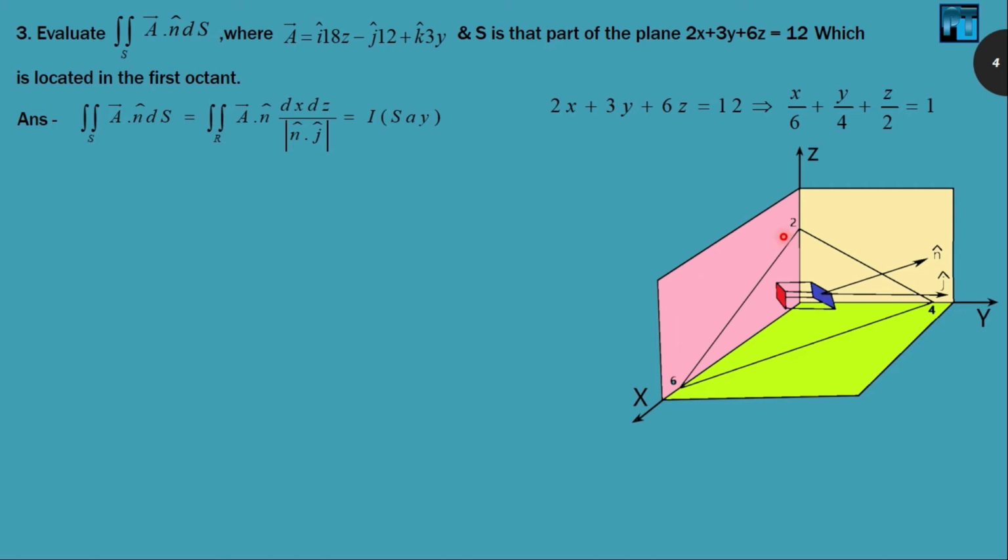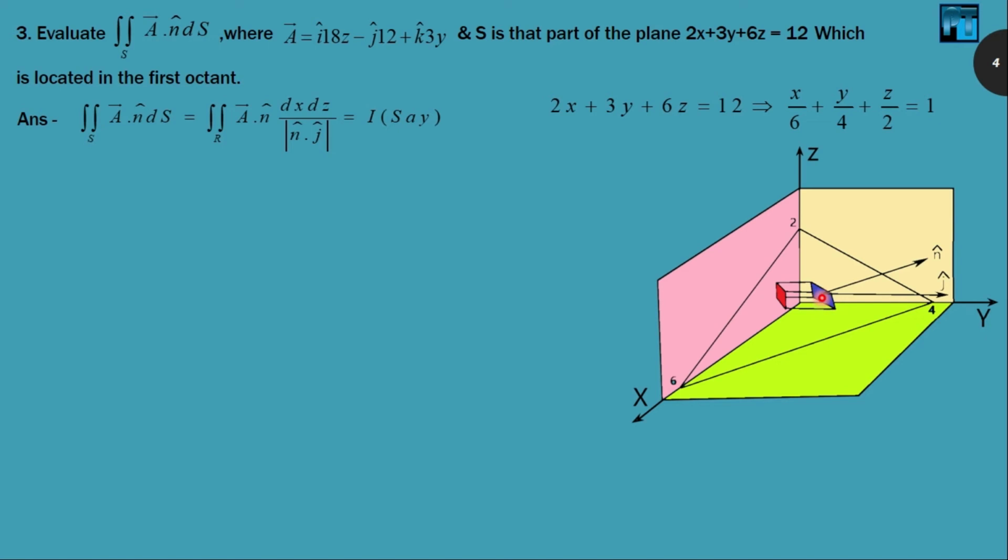Since it is projected along xz plane, dS can be written as dx dz by mod of n dot j. j is the unit vector along y, and n is the unit normal along the blue one.